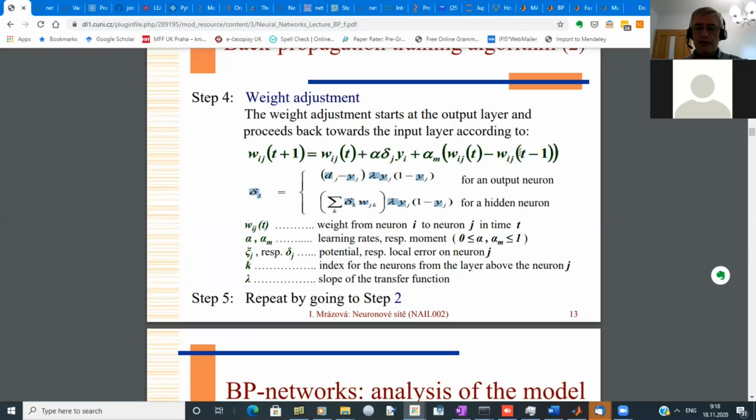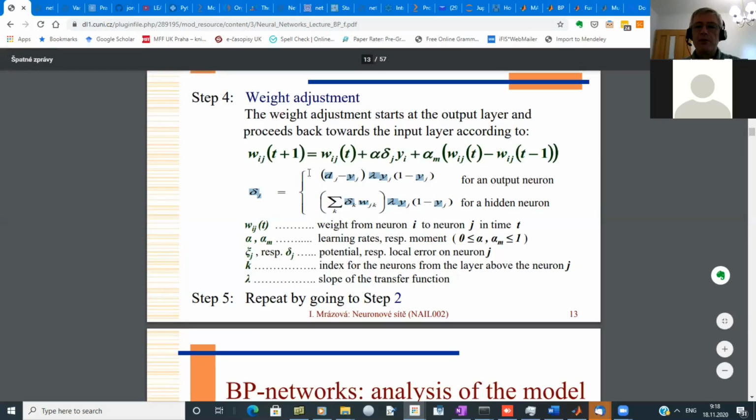So your first task for today will be to compute just one step of backpropagation. Because even if we know such a formula, we still need to set the learning constants or learning rates, alpha or alpha sub m, in order for it to work.